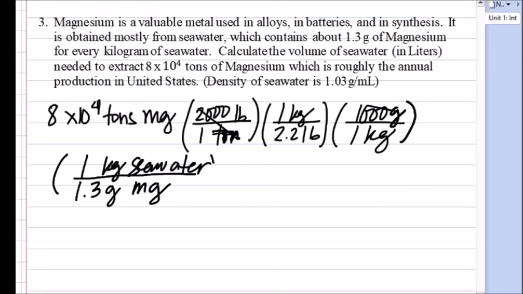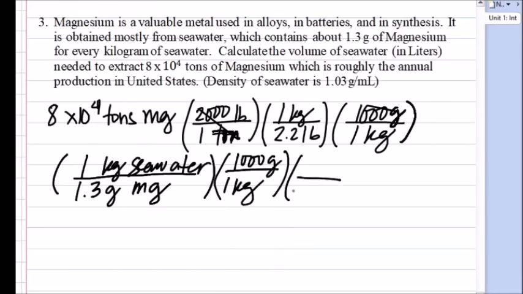So, nagkaroon po ng comparison kasi dito eh. So, yung 1 kilogram daw ng seawater, equivalent sa 1.3 grams ng magnesium. So, cancel na yung magnesium, no? So, matitira yung kilogram seawater. Okay? And then, after that, convert na naman natin. Conversion. 1 kilogram, tapos 1,000 grams. Tapos, okay, gamitin na natin yung density ng seawater, which is 1.03 grams per milliliter.